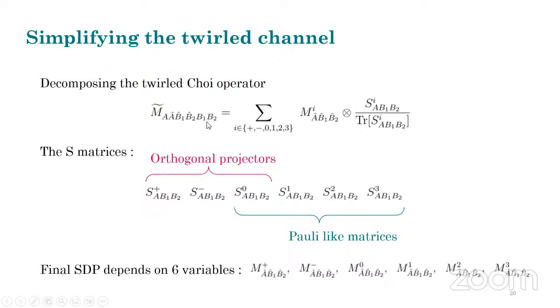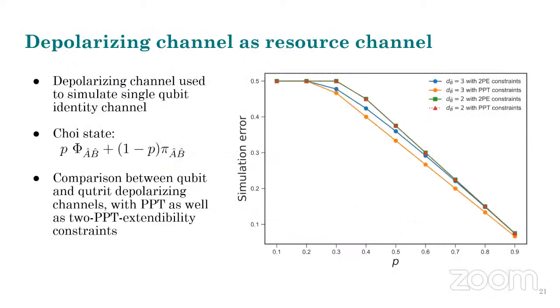The Choi operator is again the same with the 6 systems associated with it, but it can be decomposed if it is equal to its dual operation. If it is equal to this dual Choi operator, then we again have the same S matrices, and we reduce the SDP to just 6 variables, but which are much lower in dimension.